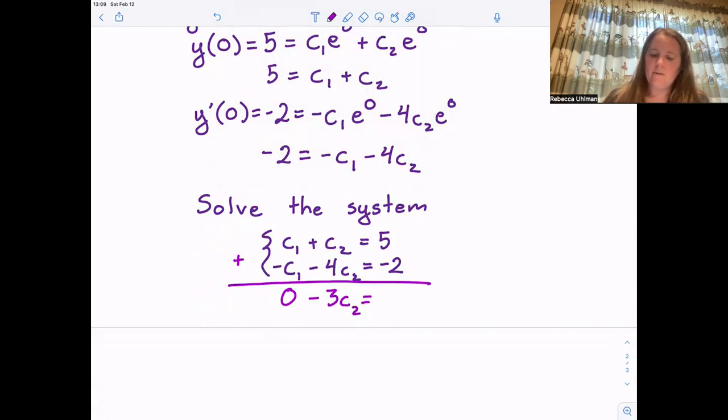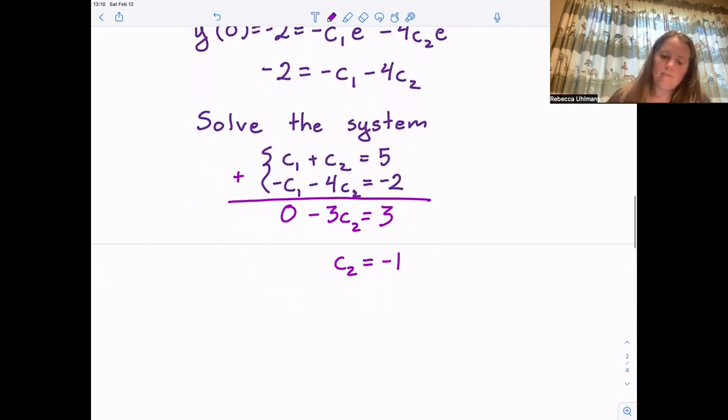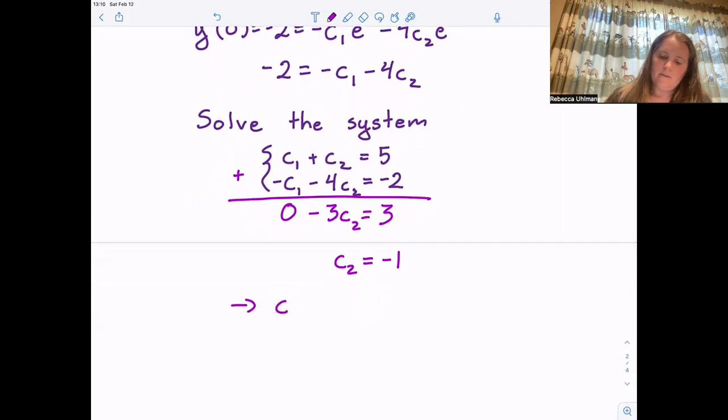And 5 minus 2 would be 3. So we get then that c2 is equal to -1. So c1 plus -1 equals 5 would mean that c1 should be 6.